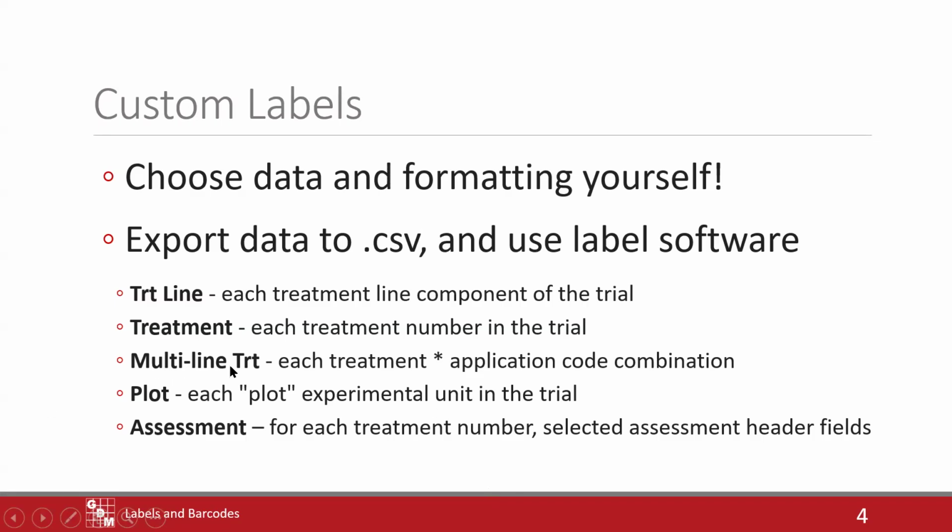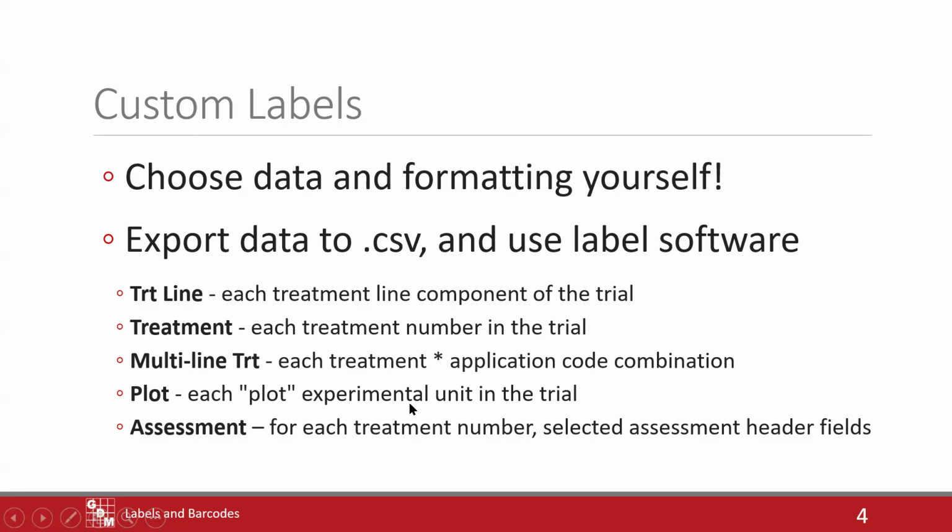There's the multi-line treatment. We saw one of those examples earlier where for every treatment and every application code, so every time that treatment needs to be applied, you end up with that many different combinations, that many labels. So treatment times application code, you end up with quite a few labels there for each combination of those. Then there's the plot labels.